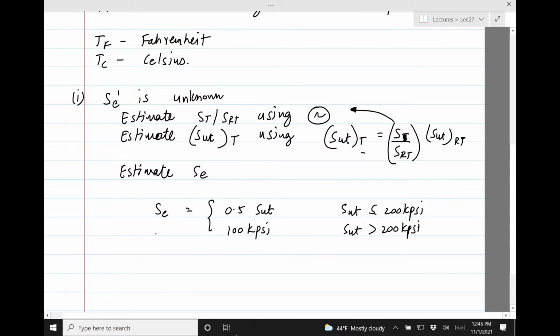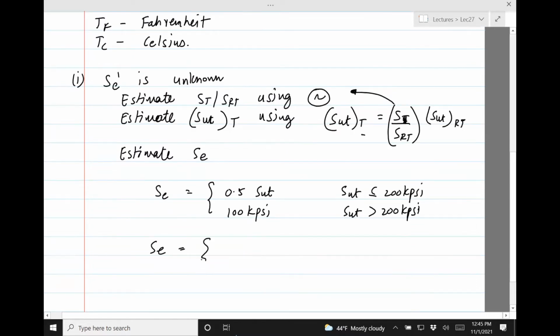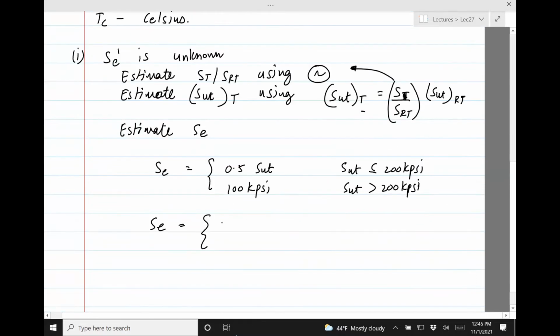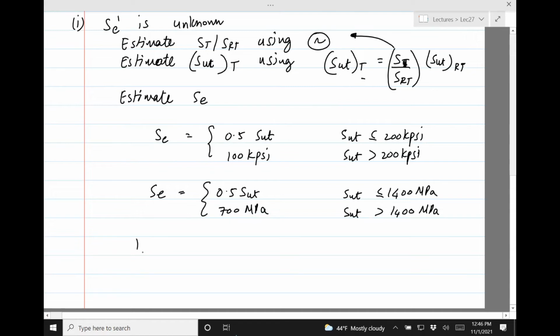If you want to use SI, then we have 0.5 SUT and 700 MPa, and this is for SUT less than 1400 MPa, and here this is if SUT is greater than 1400 MPa. Okay, and then clearly KD equals 1, SC equals SC prime, and you're all done.